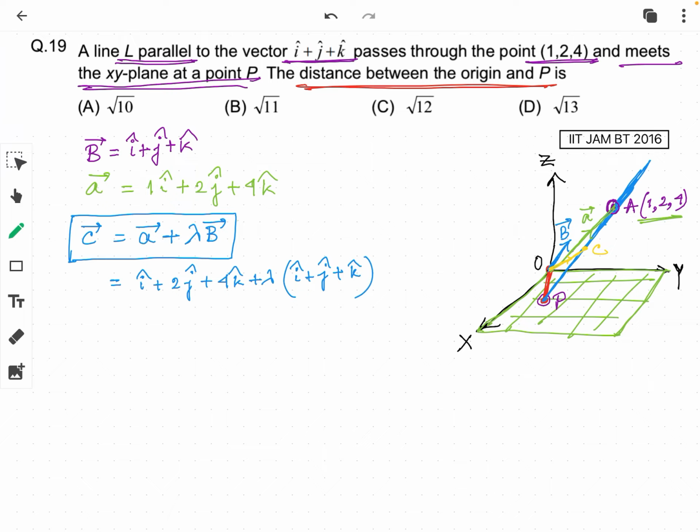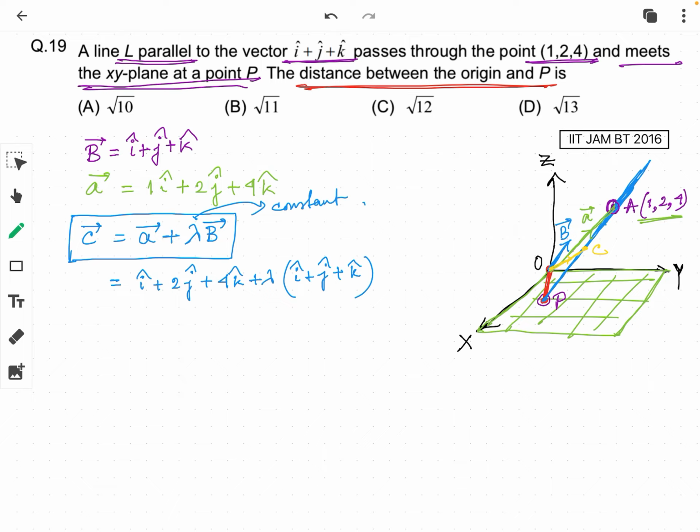Now you can think, what is this lambda? This lambda is a constant. Why constant?